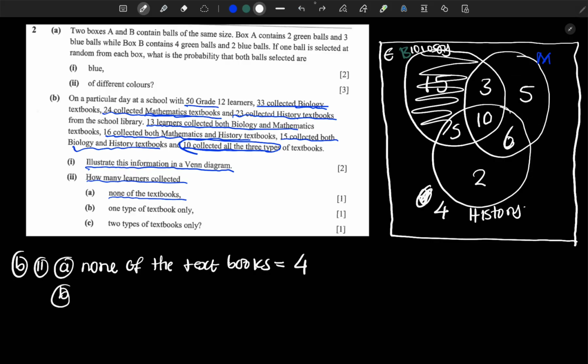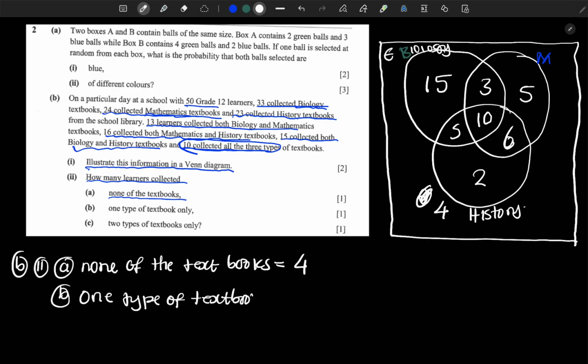So one type of textbook only is equal to 15 plus 2 plus 5. So this one adds up to 22 learners.